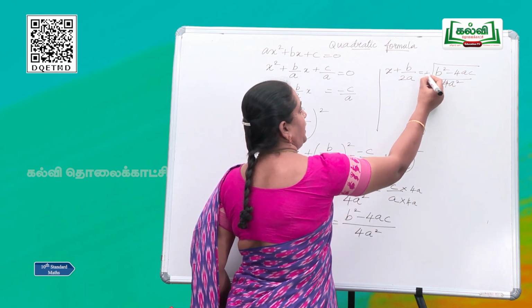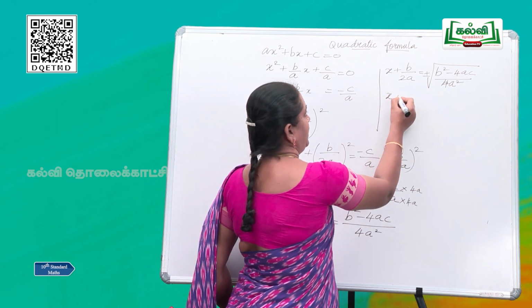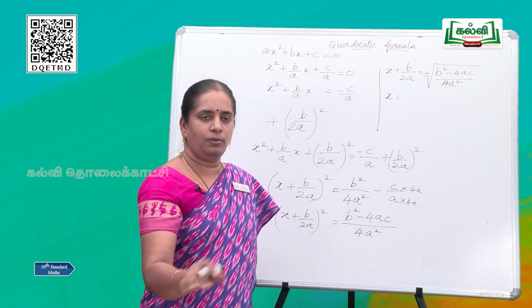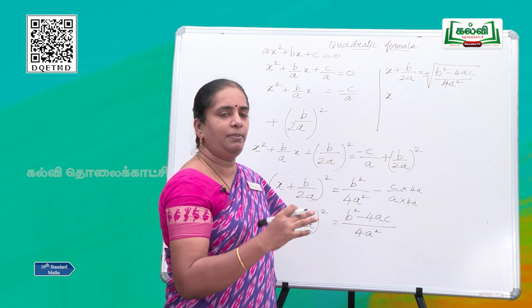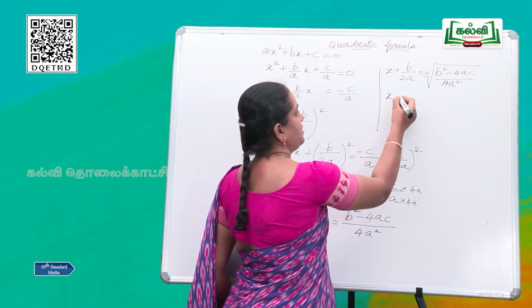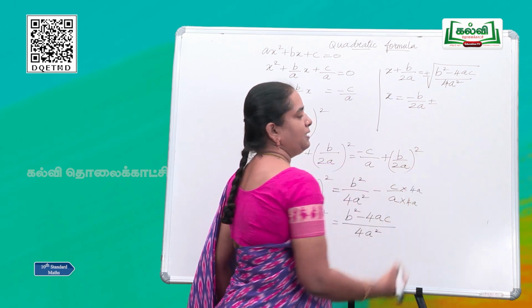So, to that we have plus or minus symbol. In the next step, we are going to take plus b by 2a that side. So, if you take plus b by 2a that side, it becomes minus b by 2a. So, it is minus b by 2a plus or minus.